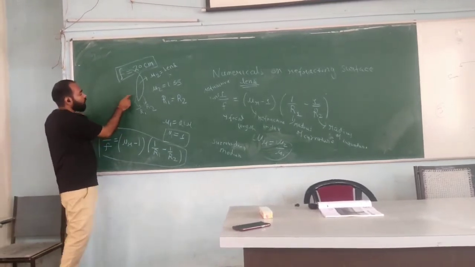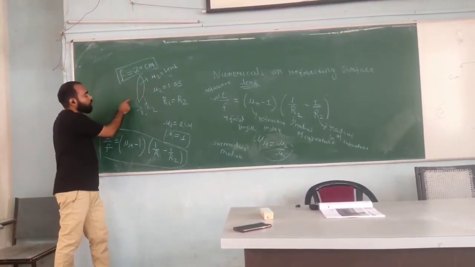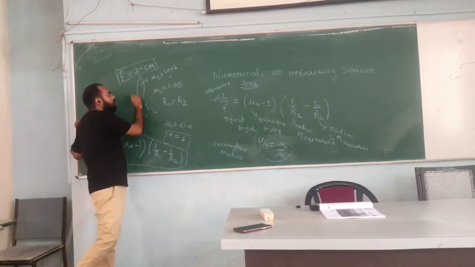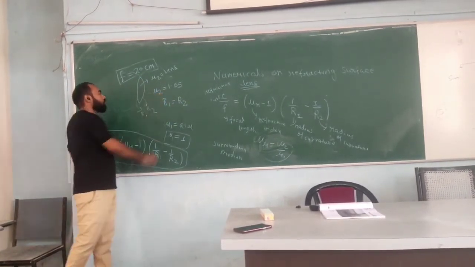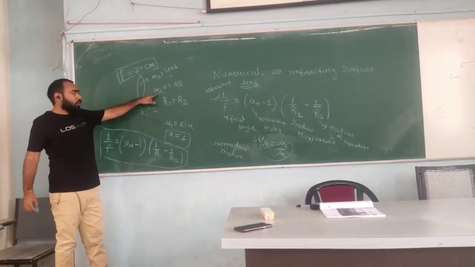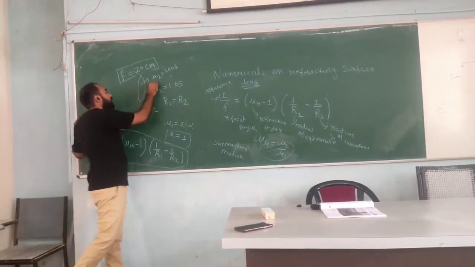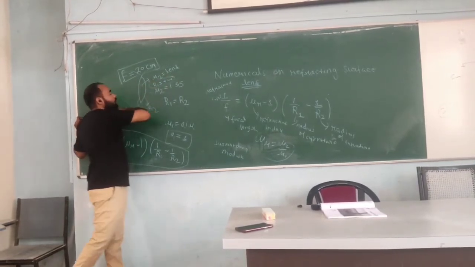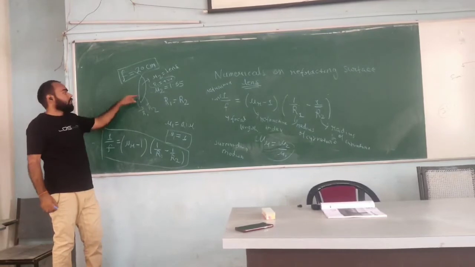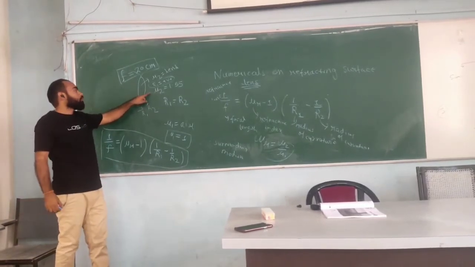For this convex lens, R1 lies in the opposite direction, on the right hand side, and according to the sign convention, this side has R1 as positive. This sign convention is already taught, and you should know it.